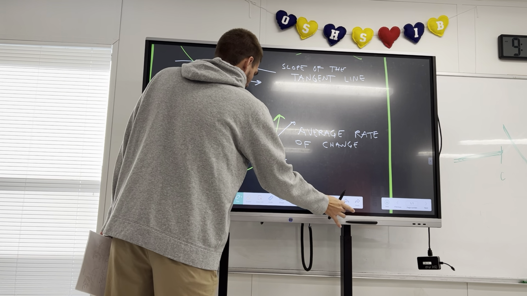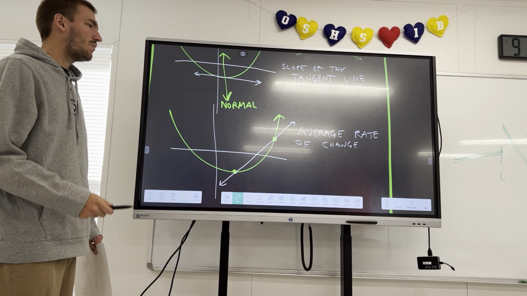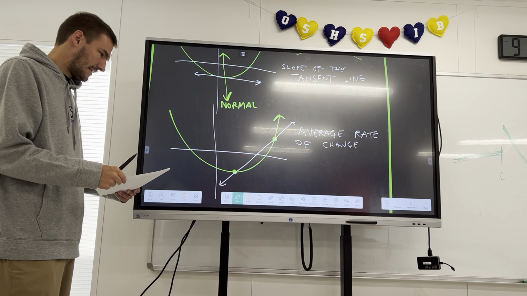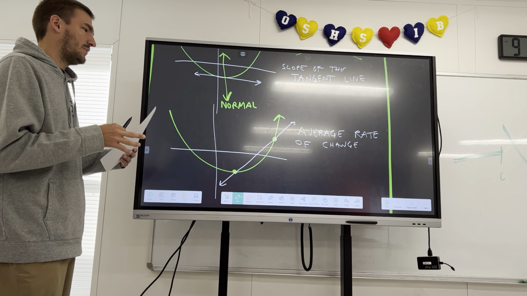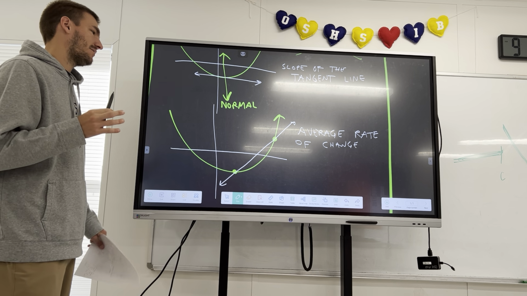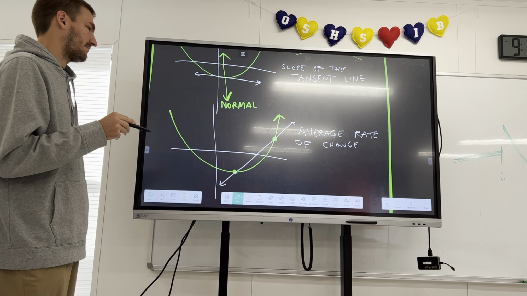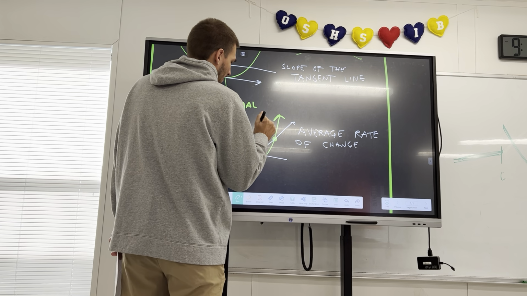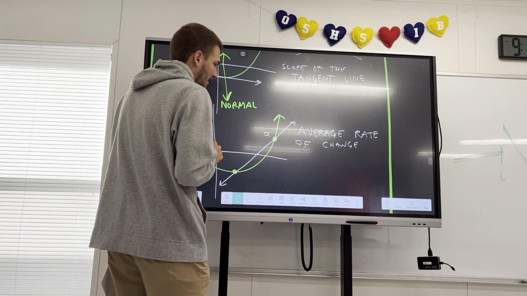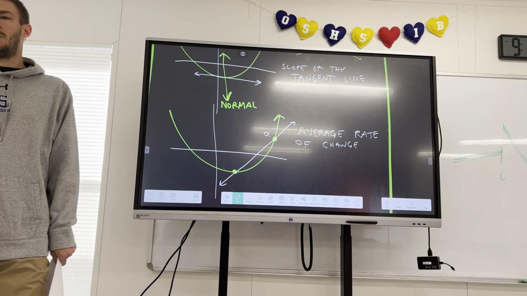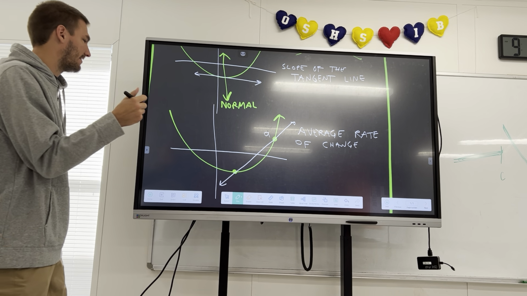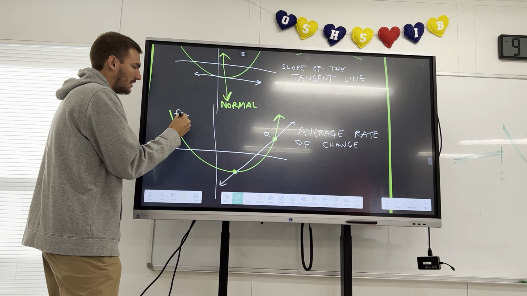Okay. Now, what happens if we really want to figure out the slope at a particular point? So what if this right here, we'll call this A. What if I really want to know the slope of our graph, and let's start by labeling stuff.